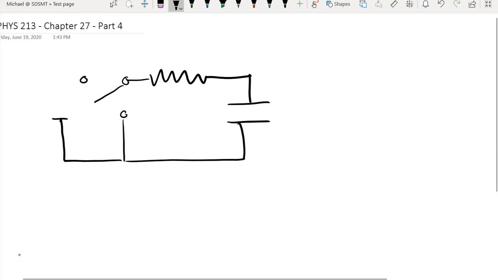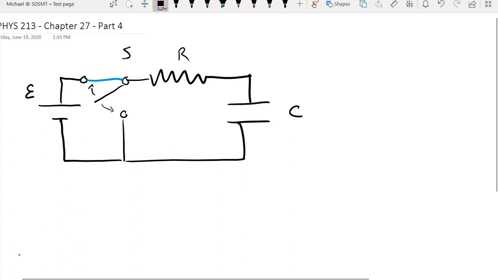And what the switch does is it just allows us to have alternate paths for the current to follow. And so this switch here can swing back and forth to either connecting the battery, which we are now labeling as an EMF, to the resistor capacitor combination, in which case the switch would bridge the gap here, and this portion would remain open.